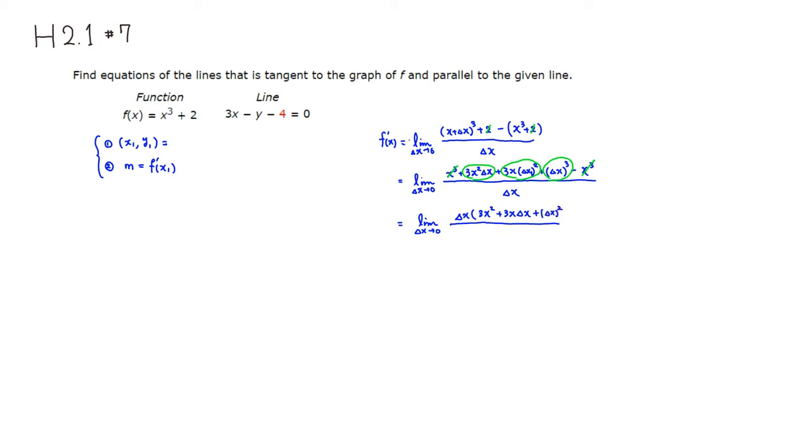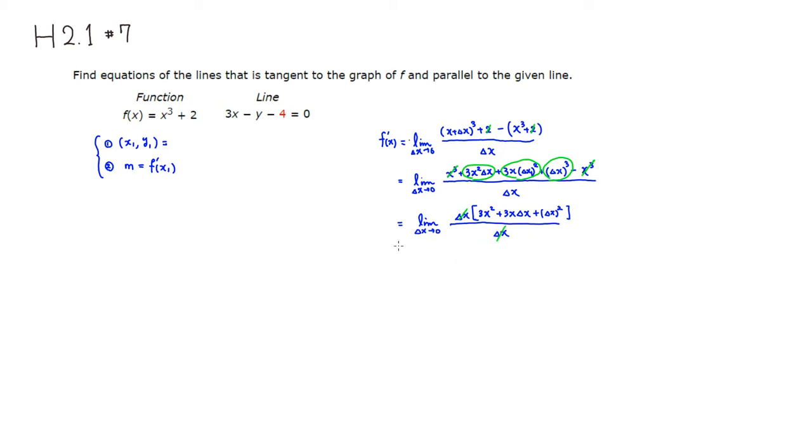I'll change this to a bracket so I don't get confused. Then you have a delta x on the bottom, so we can cancel delta x on top and on the bottom.